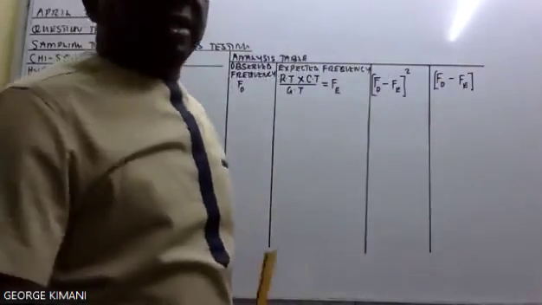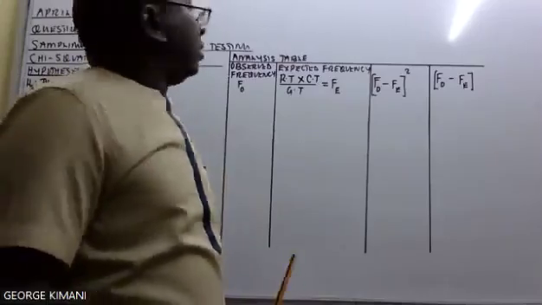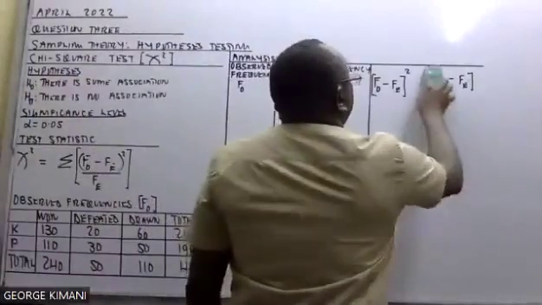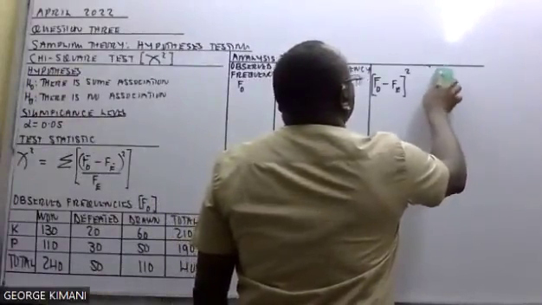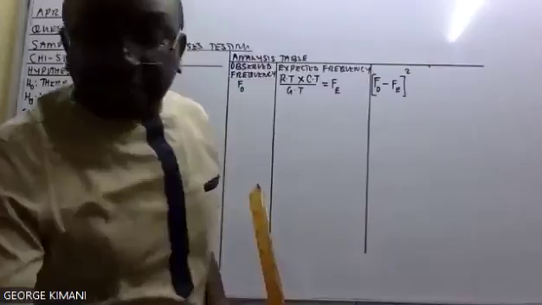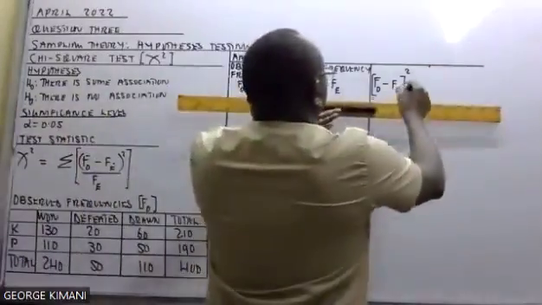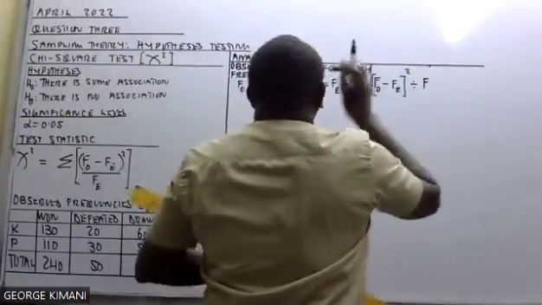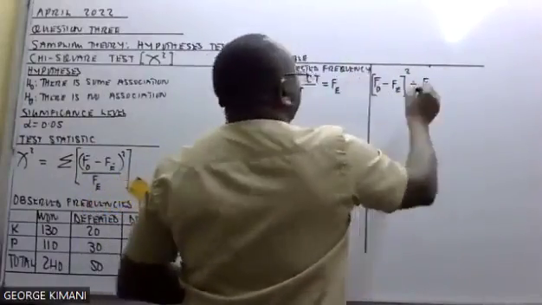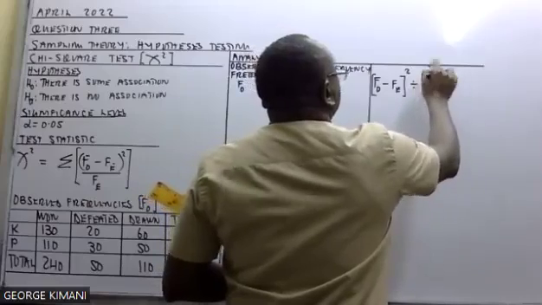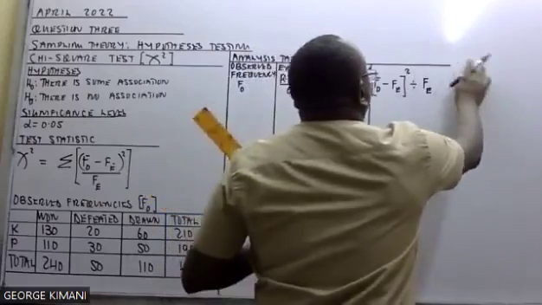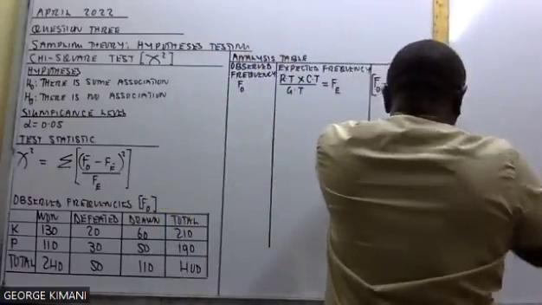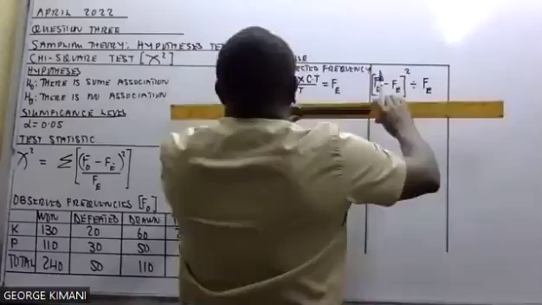Instead of creating another column, we can just come here and say this one you divide by FE, because we have everything that we require.